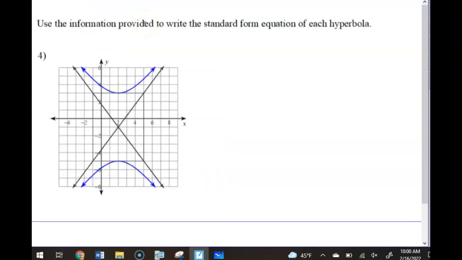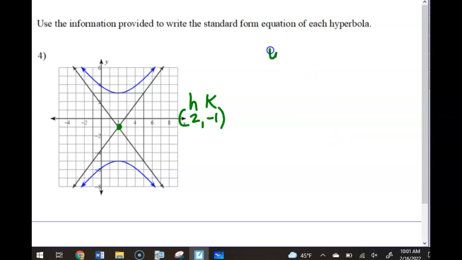Let's do number 4. It wants to come up with the equation. I just want us to see if we have the concept enough to go backwards. Where's the center at, guys? 2, -1. What does that tell us? H and the K. Good job. It's opening which way?